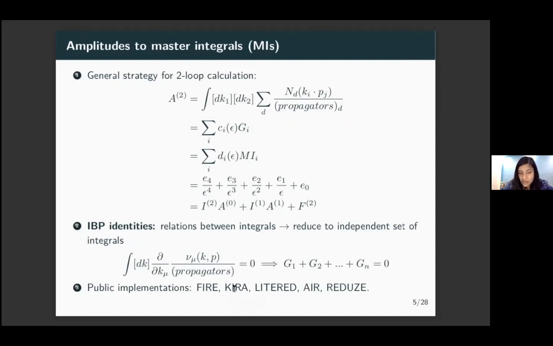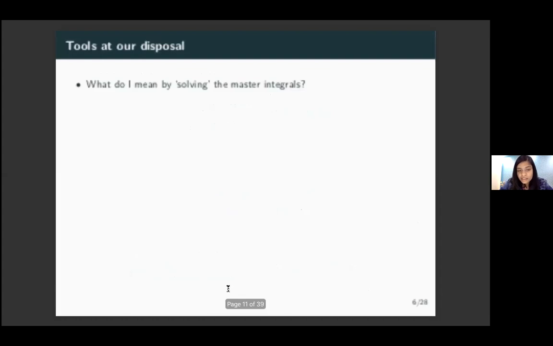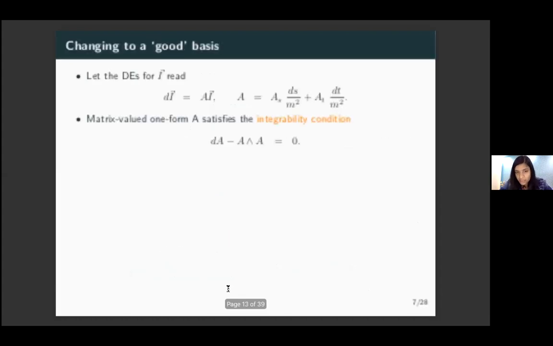Which one of them is the correct one? You will obviously assume that Kira is the correct one, but you actually have to check. Unless you can reduce the extra master integrals from FIRE in Kira, only then can you check it. But basically, I'm saying that these IBP programs are often buggy, and you have to make sure. This is just a check which you actually have to do before you start.